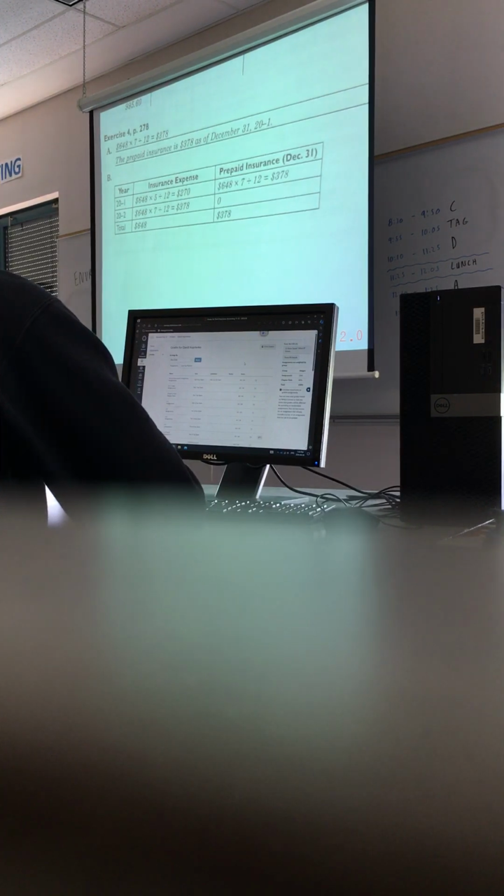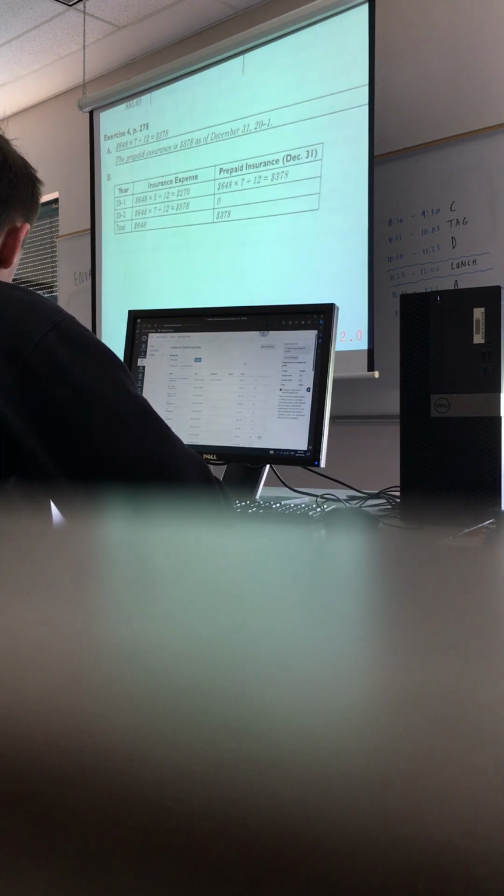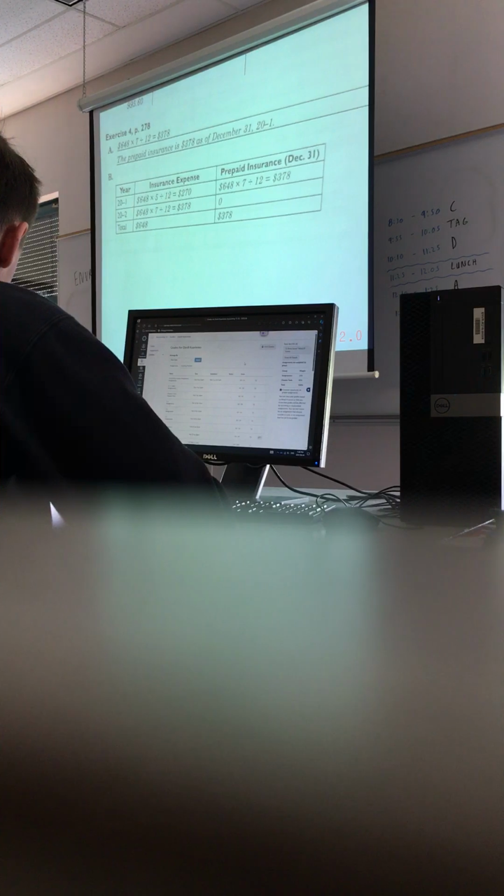And then the other part, the 7/12, is what's remaining. So that's the value in prepaid insurance as of December 31st. And then next year, in year 2, they'll use up the remaining 7/12. So that's why they're using up 7/12 here, and the balance at the end of the year is now 0. So they use up 5/12 and 7/12 over a 2-year span.